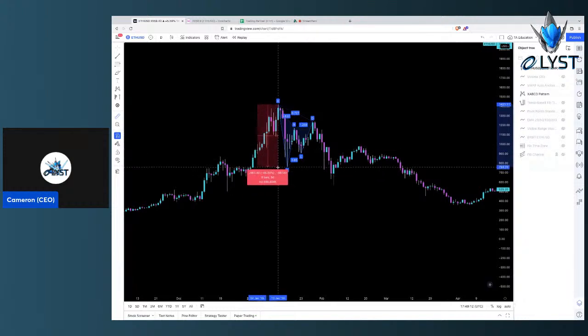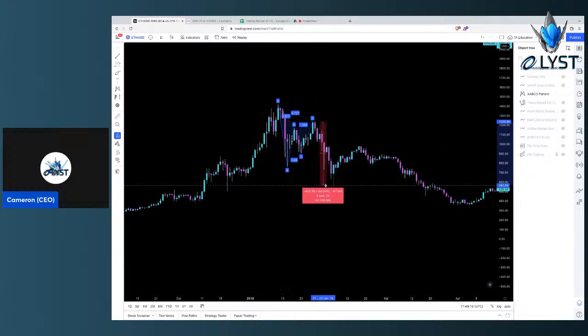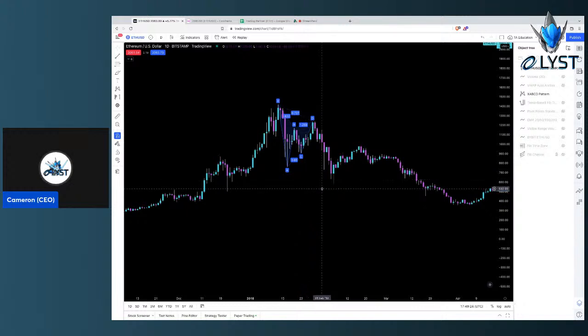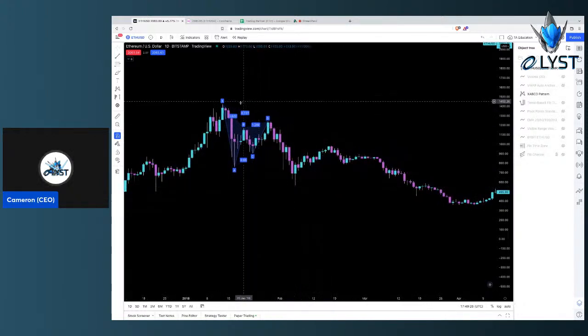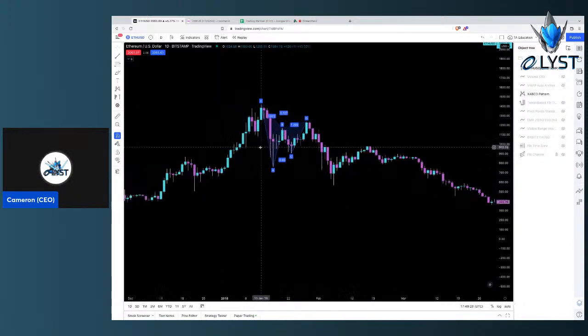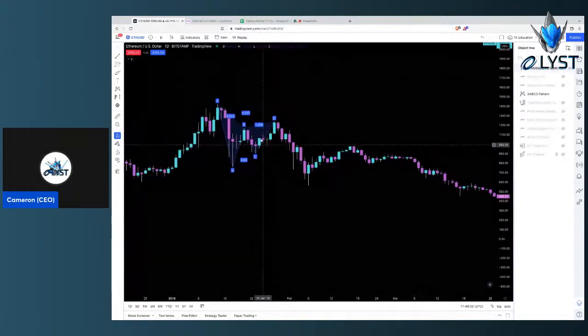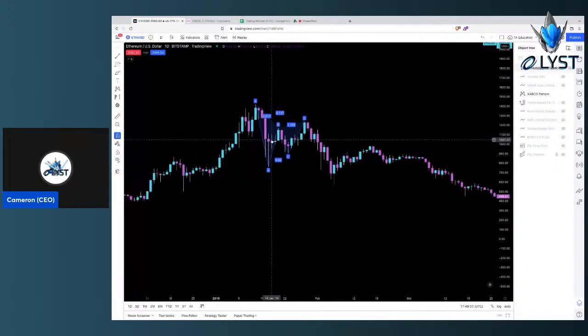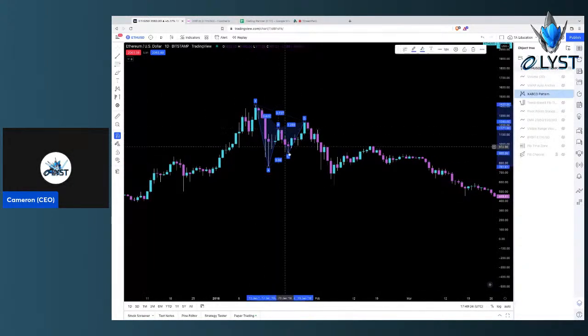From here to here, about 45%. We'll measure this out from here to here, a little bit more, 54%. Still, if you were going for 45, you would have hit it. This looks a little bit better. It actually looks really good. So that was a nice little Cypher pattern.